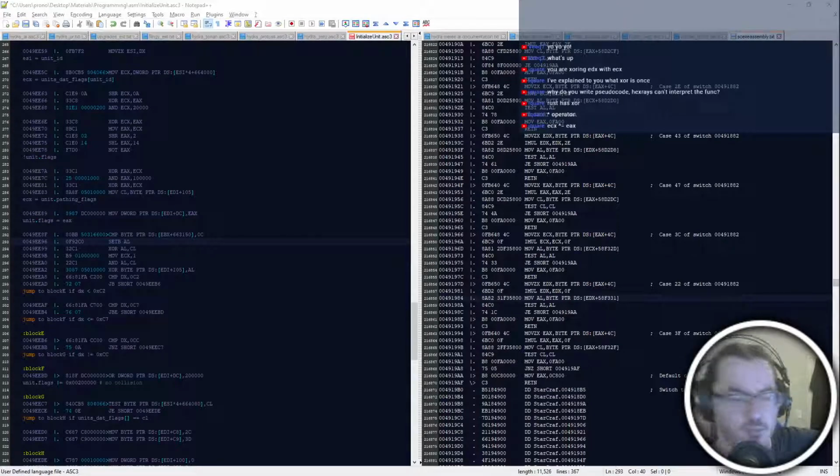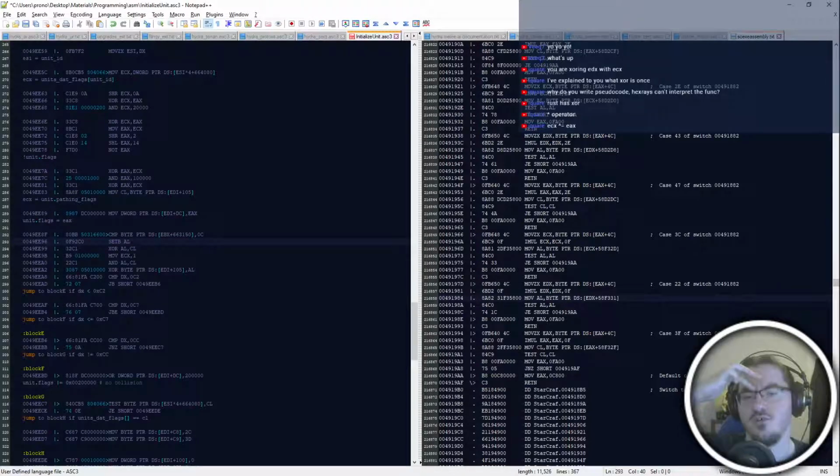God damn it, I have set below. But I don't know what it's setting. I think it's setting a value to the low byte of EAX if below. If the elevation level is below 12, it sets the value, but otherwise it doesn't? I'm not sure.